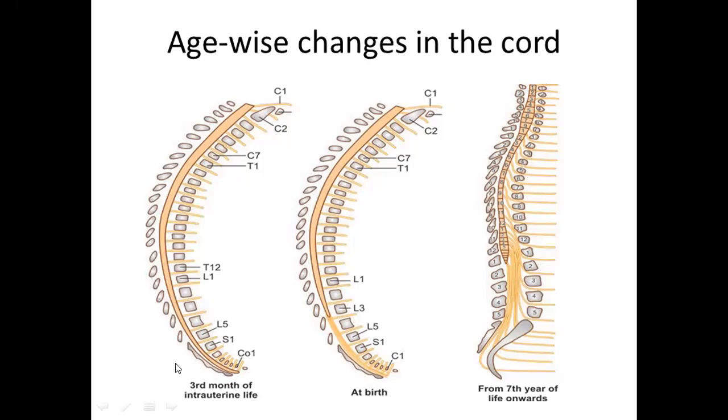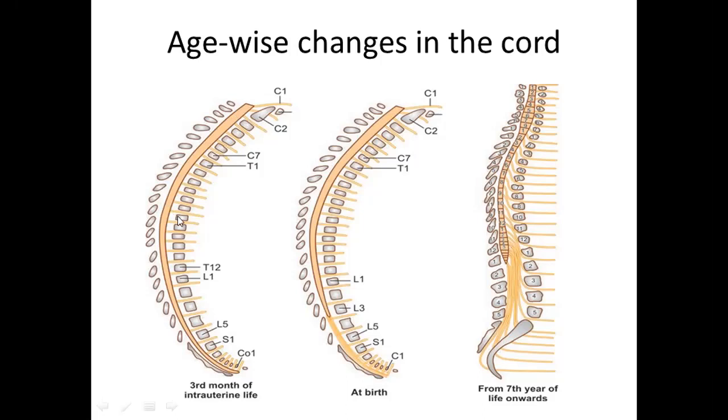In the third month of intrauterine life, the spinal cord fully occupies the vertebral canal. As a result of further growth, the bone grows faster than the nervous tissue.